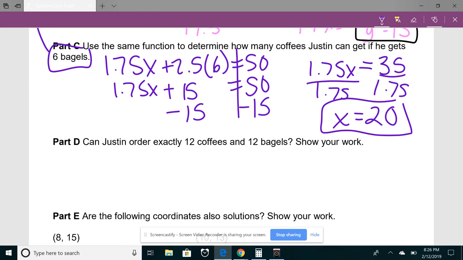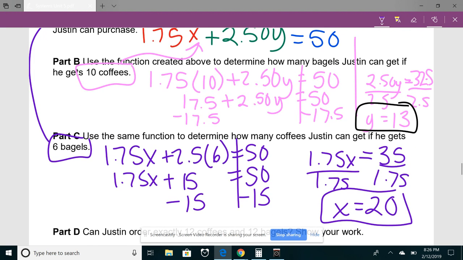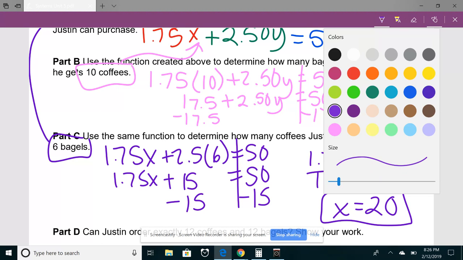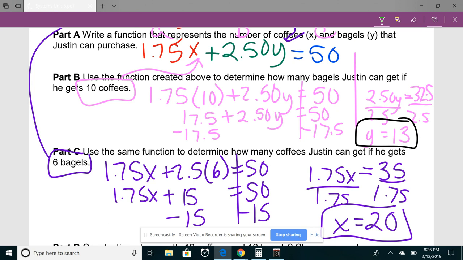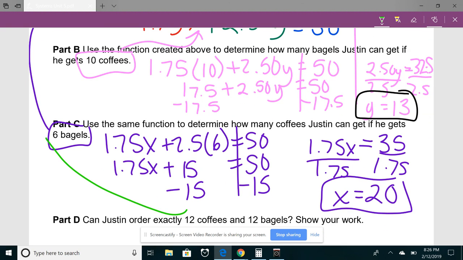Can Justin order exactly 12 coffees and 12 bagels? So that means I'm plugging in 12 into both. The coffees are X, right? So you're plugging into this one and you're plugging into that.